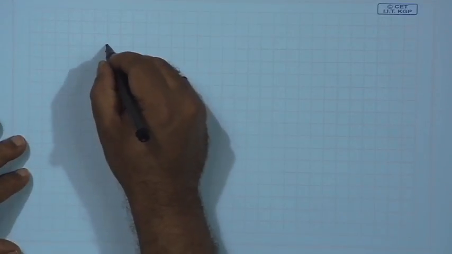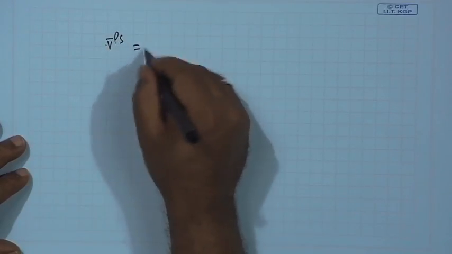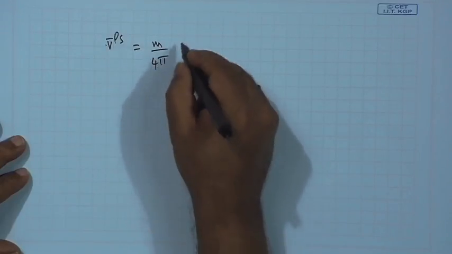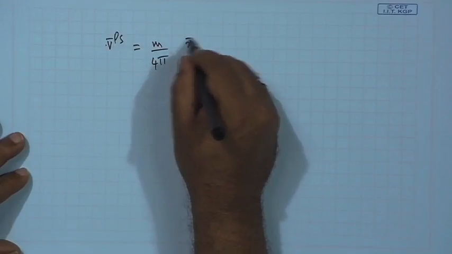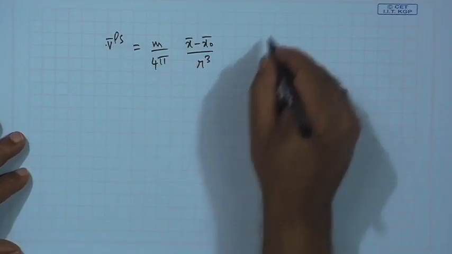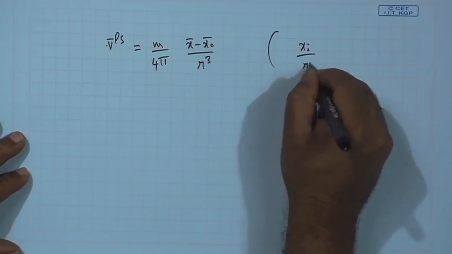So, this if you generalize, what is our potential source? So, this is some strength, that we can ignore. Then we have x bar minus x naught, this is the general sense. In summation notation, we are writing it as x_i by r cube.